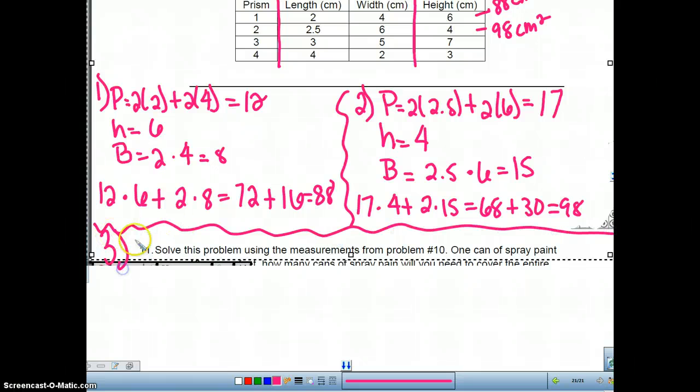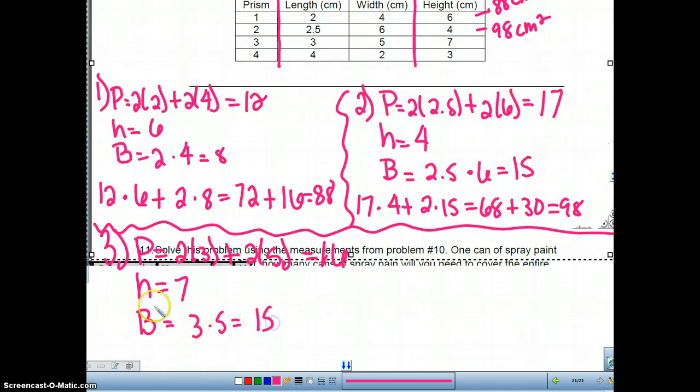All right, number 3. Perimeter of this guy. So we're going to take 2 times the length plus 2 times the width. And what do we get? 6 plus 10 is 16, and our height is what? 7. And our area of the base is going to be 3 times 5, which is 15. Plug those pieces in.